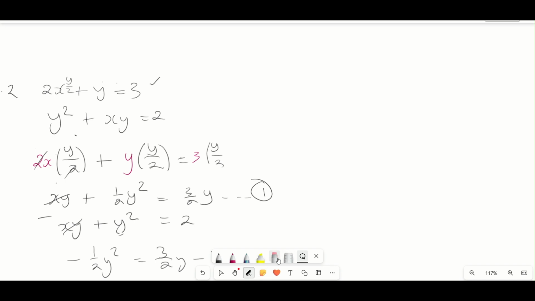Another method that I could use is to actually replace x. So I could say 2x is equal to 3 minus y, and then divide everything by 2, therefore x is equal to 3 over 2.